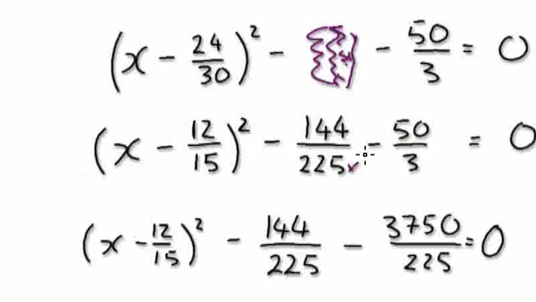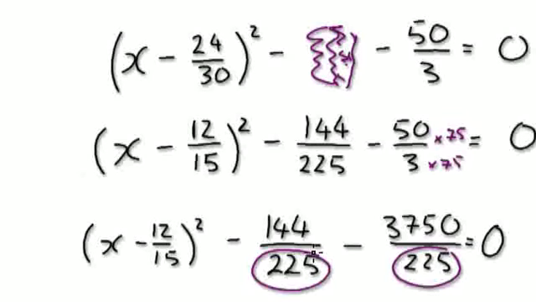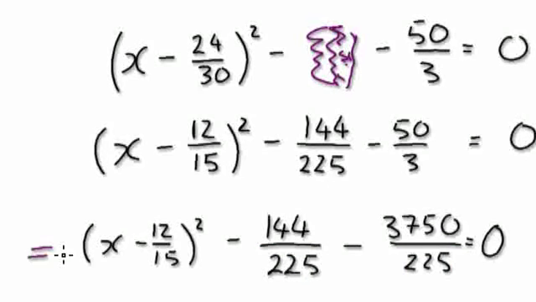If it doesn't, then you have to times this top and bottom by 3, and over here times top and bottom by 225. But as it turns out, 225 divided by 3 gives you 75. So here you can times top and bottom by 75 to get the two denominators to be the same.